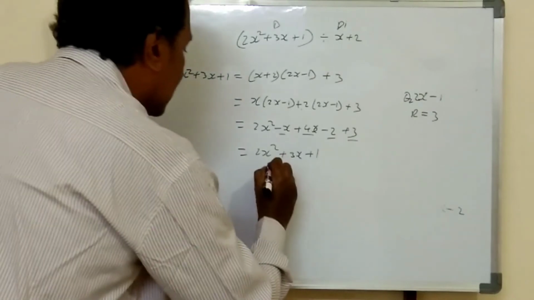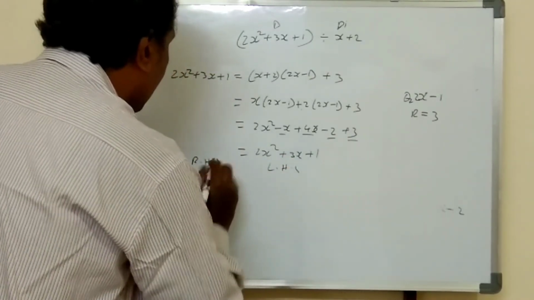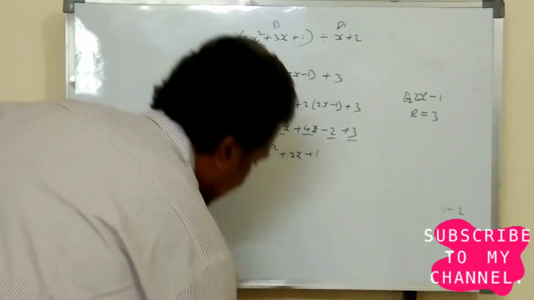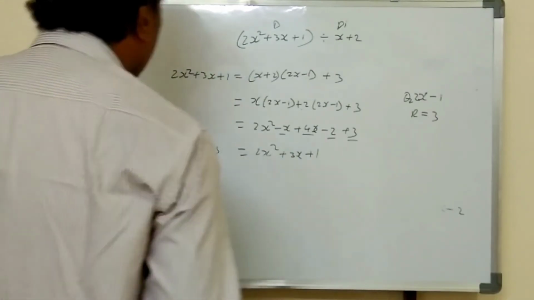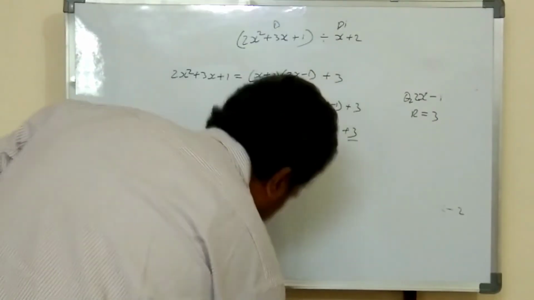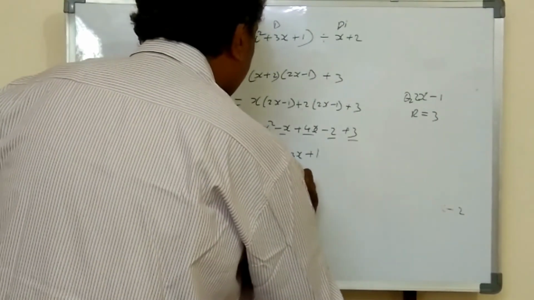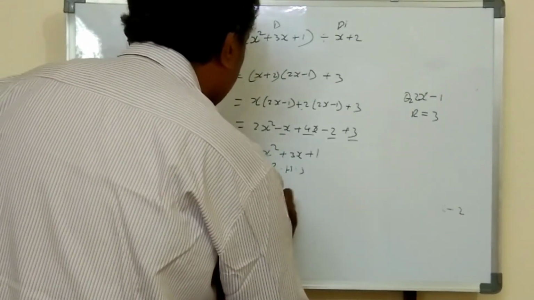So this is LHS and this is RHS. LHS is equal to RHS.